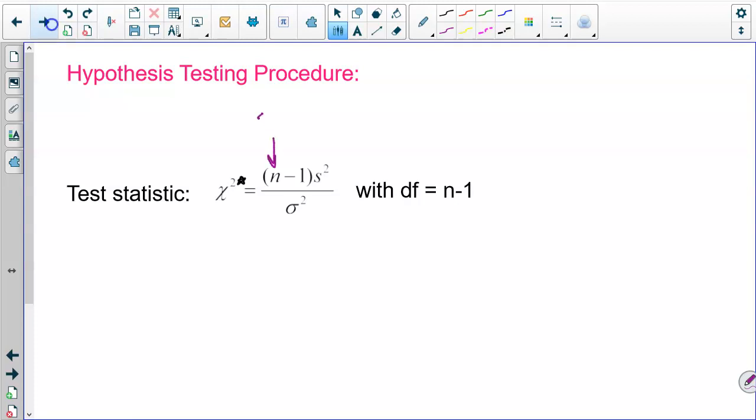N is still sample size. S squared is what? S is standard deviation, so if it's S squared, it's variance. This whole thing is variance. So if you're given variance, you just plug it in. If you're given standard deviation, you have to square it.